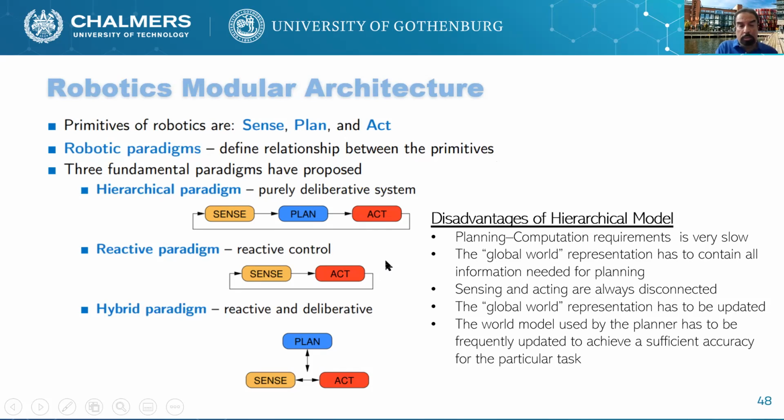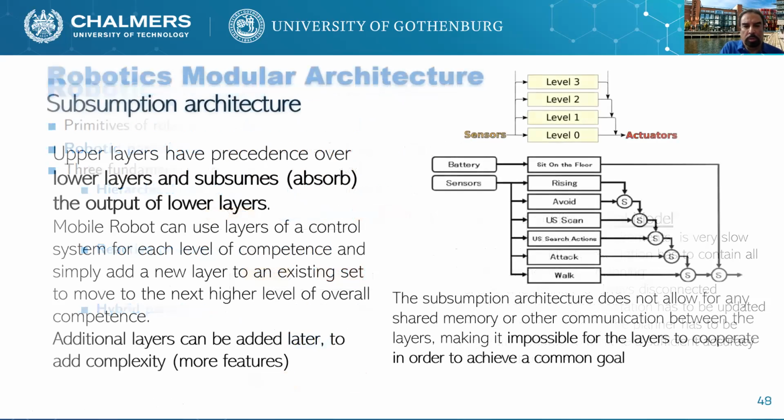But the story doesn't end there. We will talk more about more sophisticated architectures to implement the autonomous robot. In the reactive paradigm here, you see that the plan has moved into the area of sense and act. And in the hybrid model, you have mixed the pure deliberative with the reactive paradigm. We will look at this in the coming slide to show it in more detail.